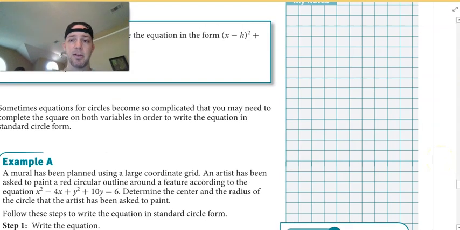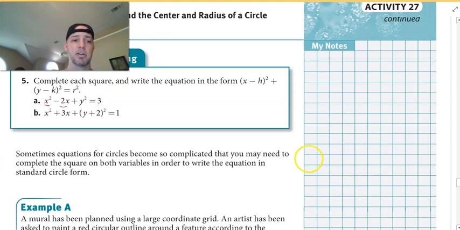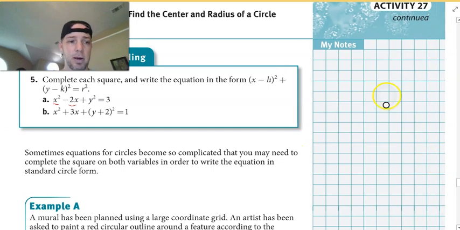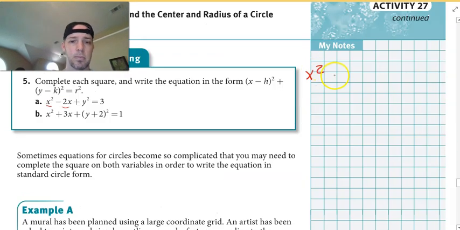So I'm going to write down the whole equation over here. Half of b squared, I need to add to both sides of the equation. If this is the b term, half of that is -1. -1 squared is +1. I need to add 1 to both sides of the equation.